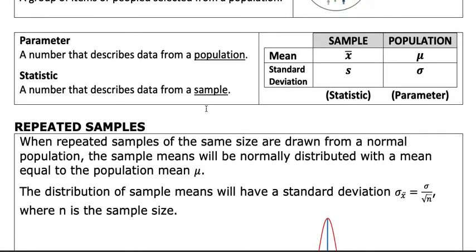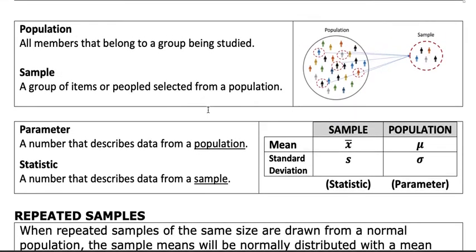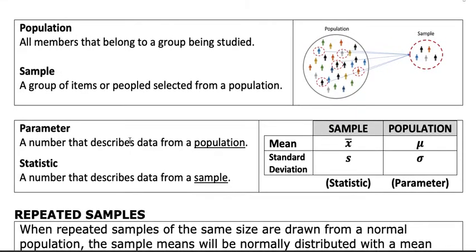To clarify the following, a parameter is a number that describes data from a population. So if every single member of the population is selected, then we could say that it has a mean of mu and a standard deviation of sigma. These symbols are used to discuss the mean and standard deviation of the population.